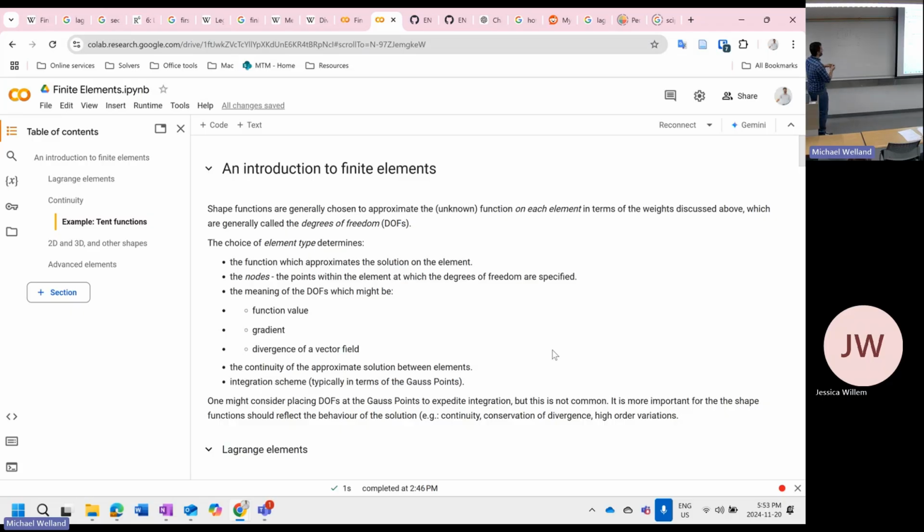The other thing that the element defines is what degrees of freedom you need to specify that function. If you were doing a Fourier series inside here, right? Your degrees of freedom would be the coefficients of your sines or your cosines.